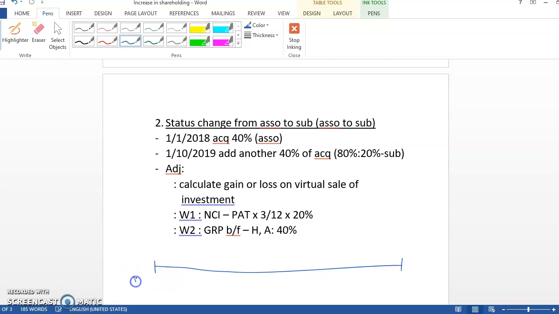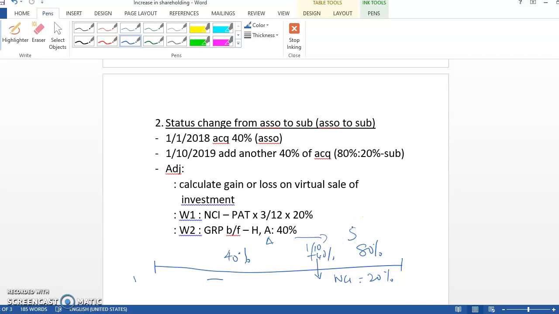On 1st January 2018 acquired 40%, and then on 1st October add another 40%, so now becoming 80%. Here no NCI, but here your NCI is only 20%. So this is where initially ASO, now changes to subsidiary.